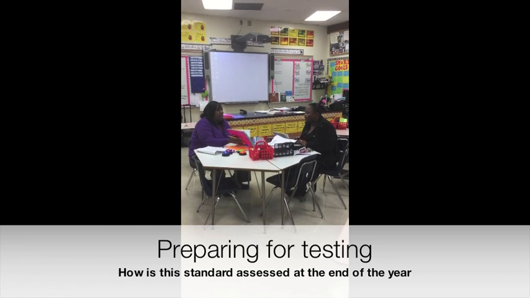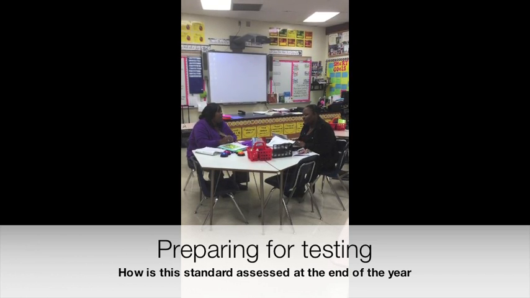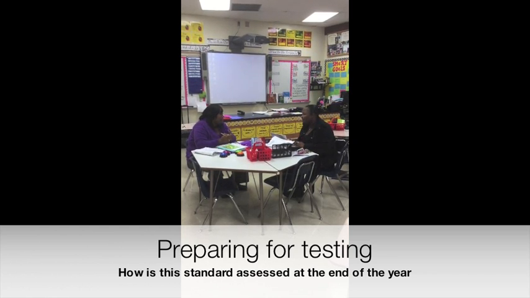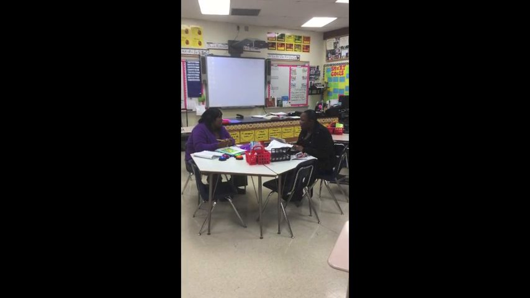But again, I think the Beacon assessment and the integrated test are kind of different, because when I looked at RI 6.3 on the integrated test, I didn't see a question that says how does the author elaborate or illustrate or introduce. Yeah.